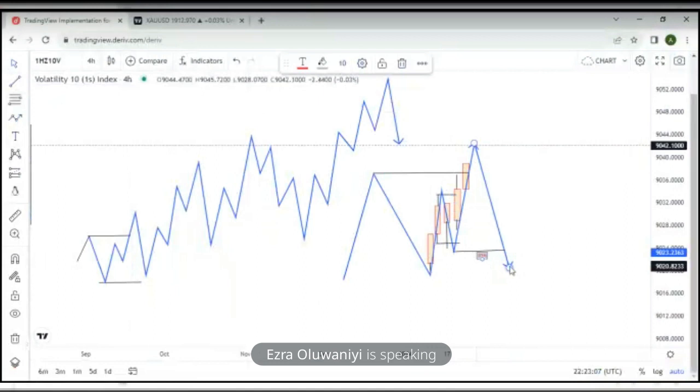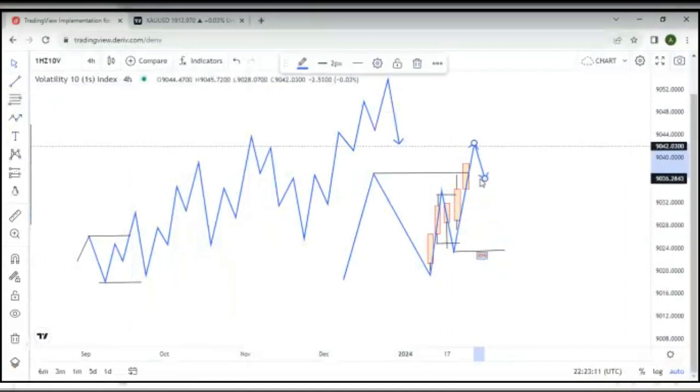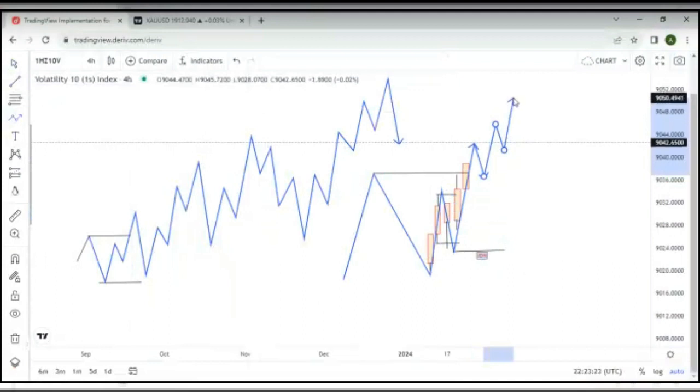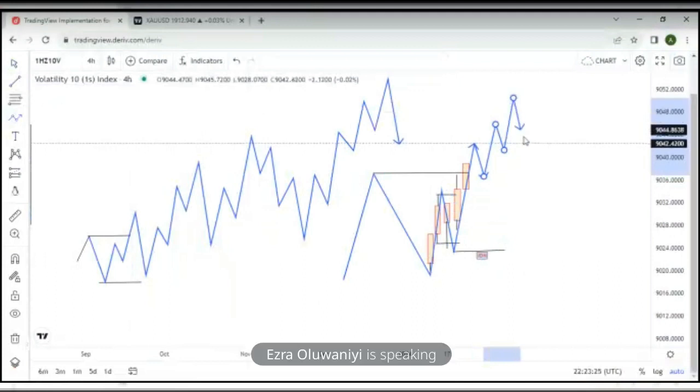Now, if price did not take the inducement and came here and continued up, we keep anticipating the moment price will clear the inducement, the most recent pullback, which is there.